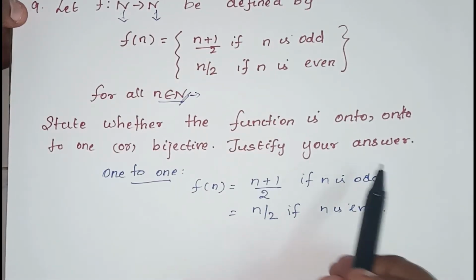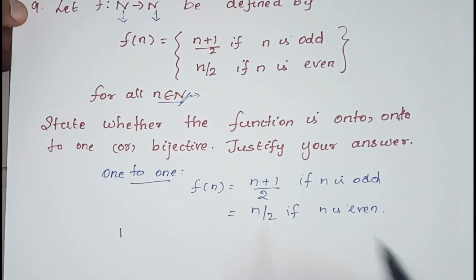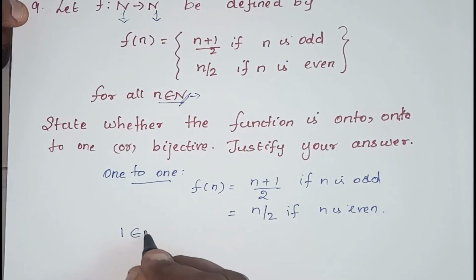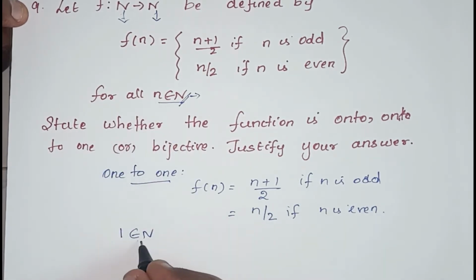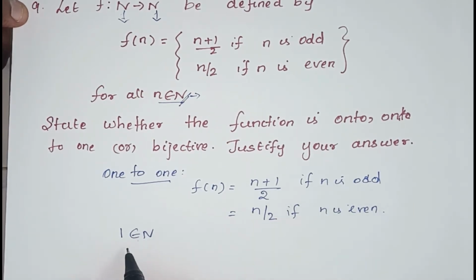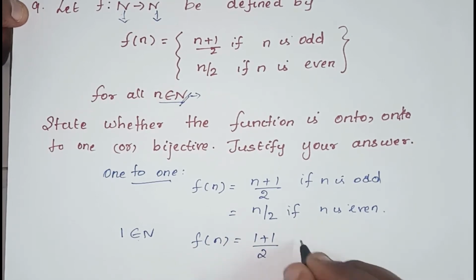For example, I am taking n as odd, so I am taking 1. This 1 is odd, and it also belongs to natural numbers, because all n's belong to natural numbers. If I take n odd, that is n = 1, what is f(n)? (1 + 1)/2 = 2/2, that is 1, right?